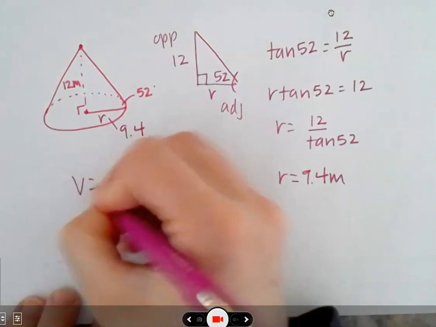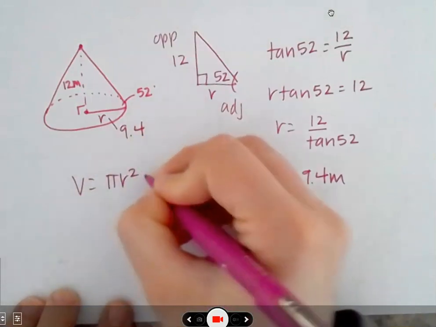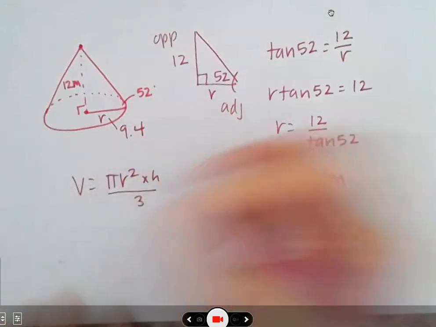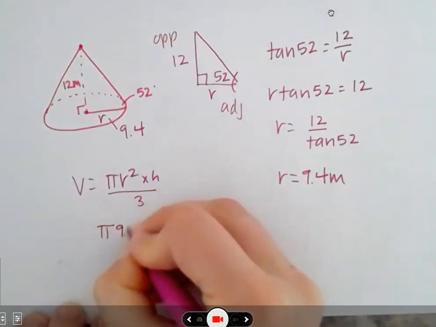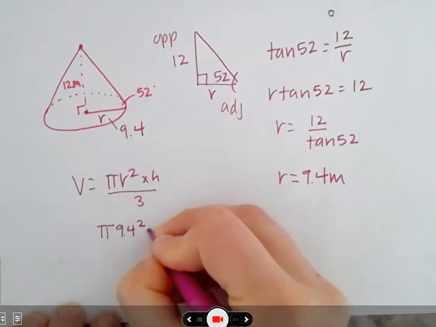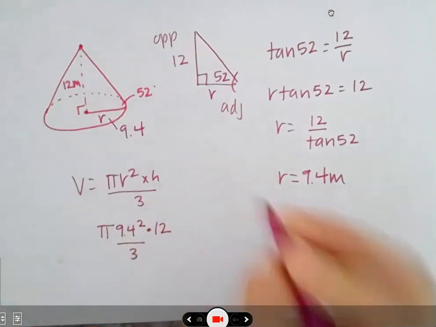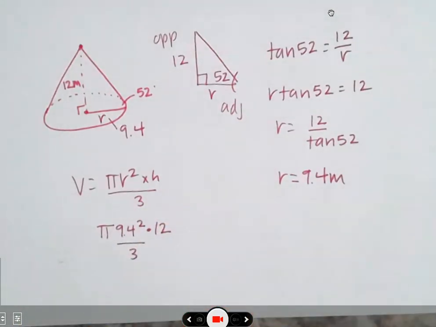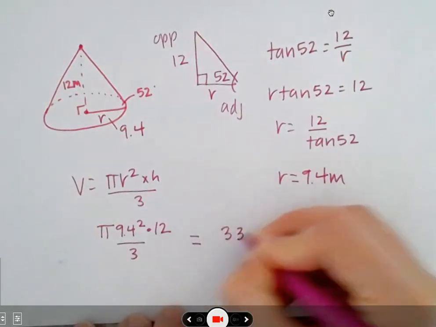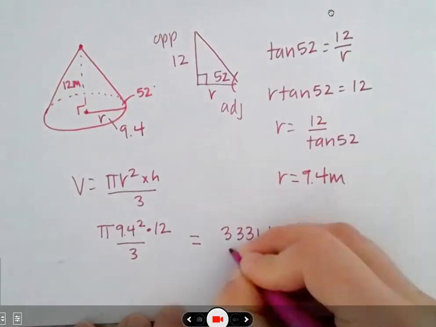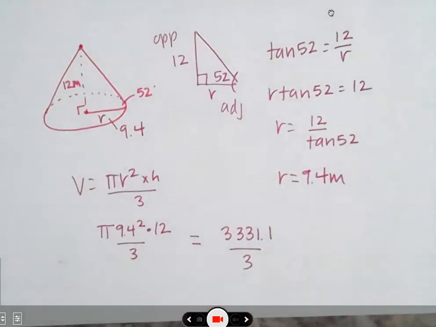So now if that's 9.4, let's find our volume. So volume equals pi r squared times the height all over 3. So pi times 9.4 squared times our height of 12 divided by 3. So 9.4 squared times 12 times pi gives us about 3,331.1 all over 3.